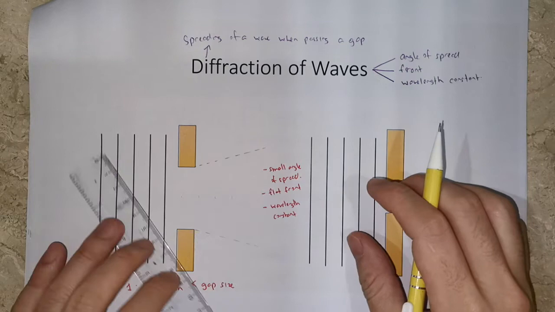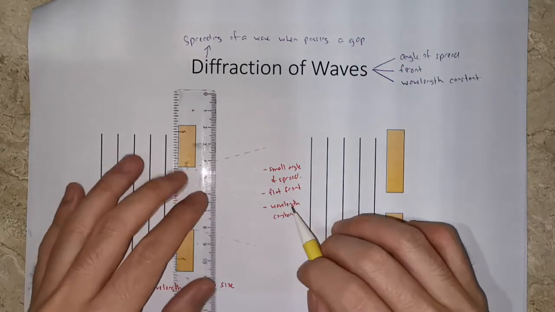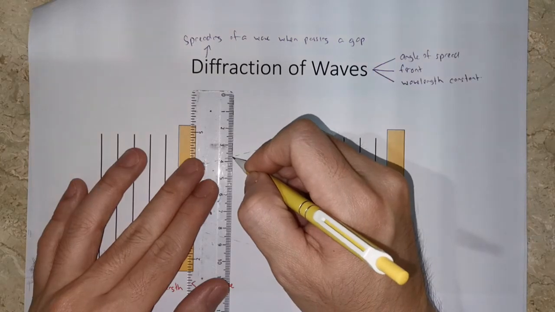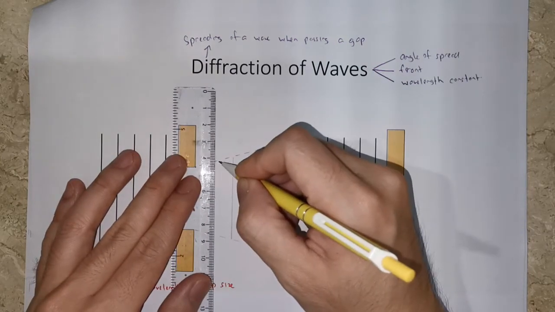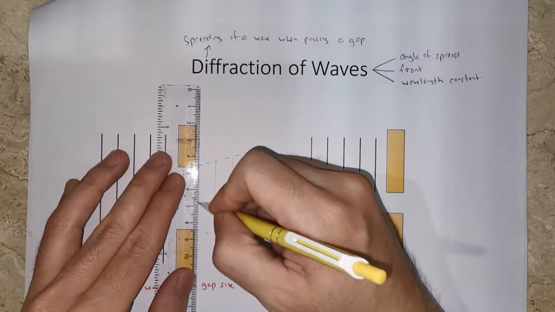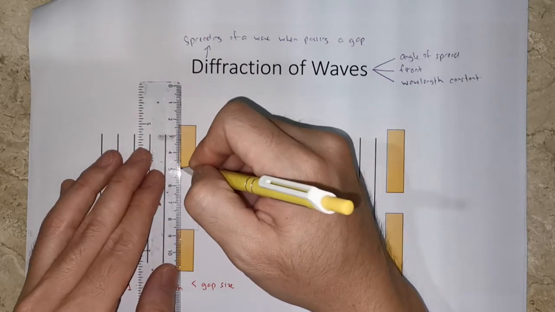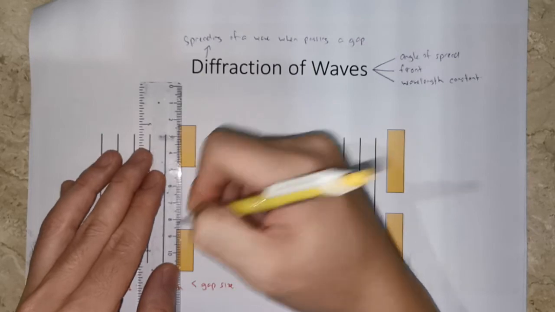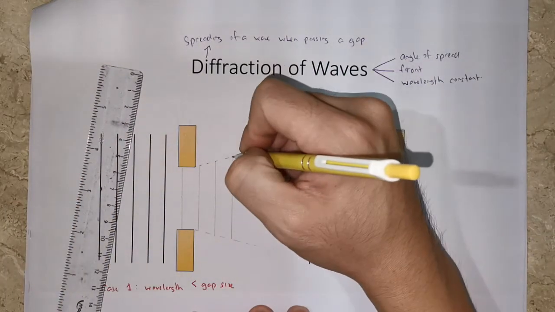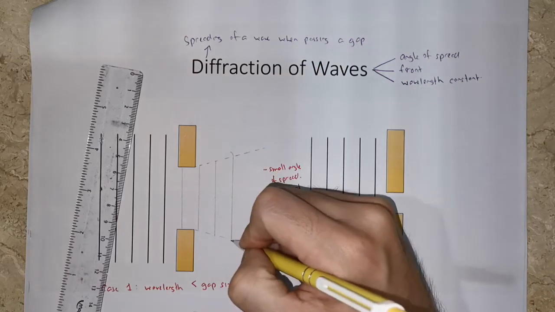Now the flat front, I'll just draw flat straight lines here, straight line here, straight line here, straight line here. And just to add, the last bit is to make it spread slightly at the sides.